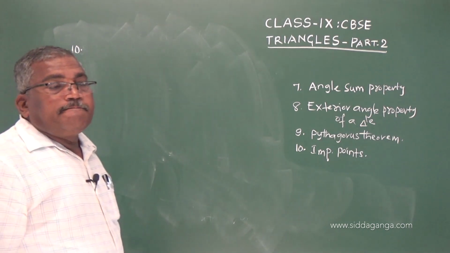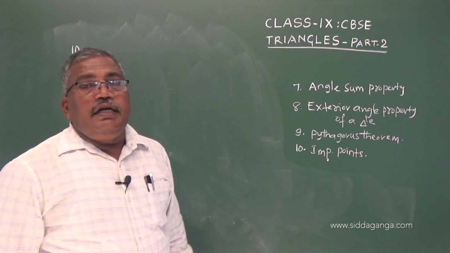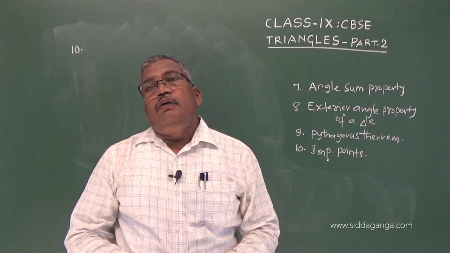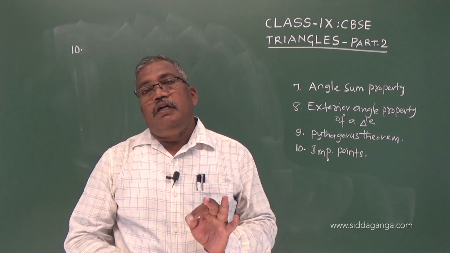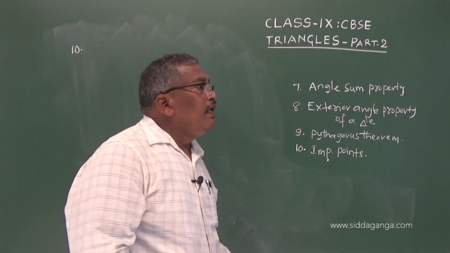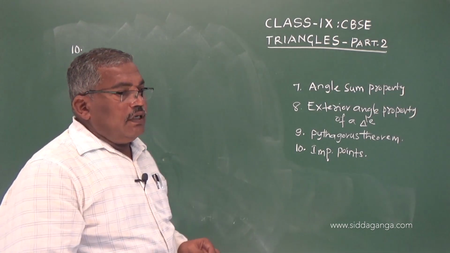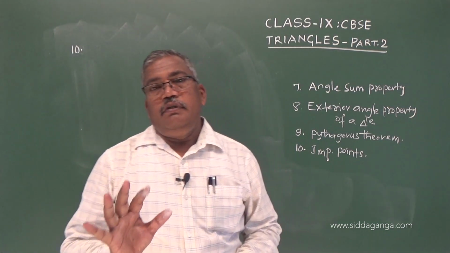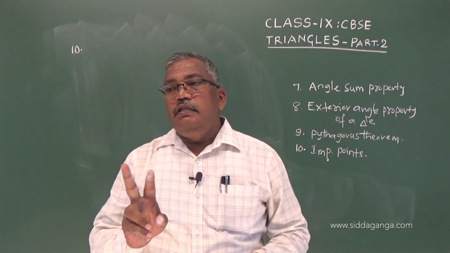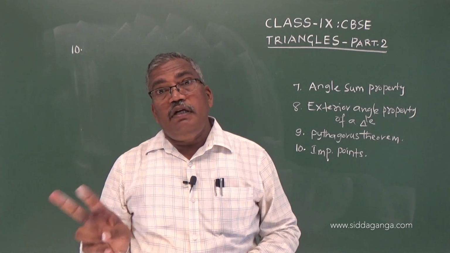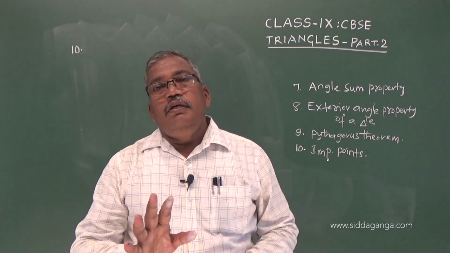You remember, in any triangle, the angle sum property, the sum is 180 degree. So therefore, if one angle is 90 degree, the total of the other two angles must be equal to 90 degree.